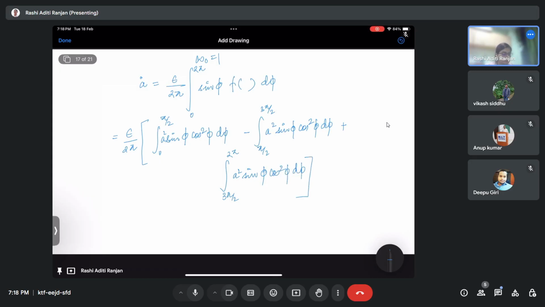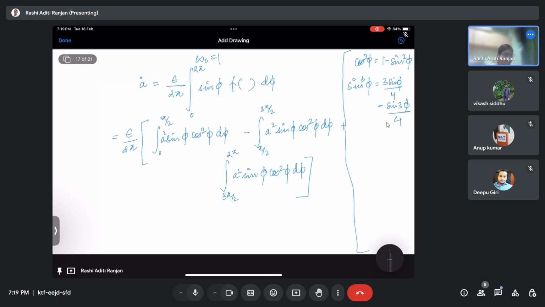Now I have to apply the trigonometric identities, which will be required. I'll just write them over here. First, I have cos square phi written as 1 minus sine square phi. And then I have sine cube phi, which can be written as 3 sine phi by 4 minus sine 3 phi by 4.